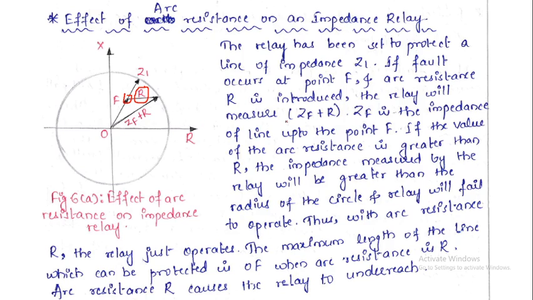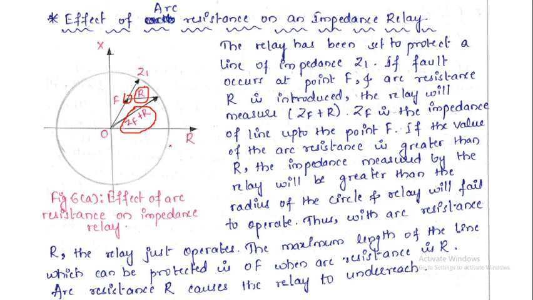The relay will measure ZF plus R. The total impedance measured by the relay is ZF plus R, where ZF is the impedance of the line up to the point F, and to that the resistance R is also added.